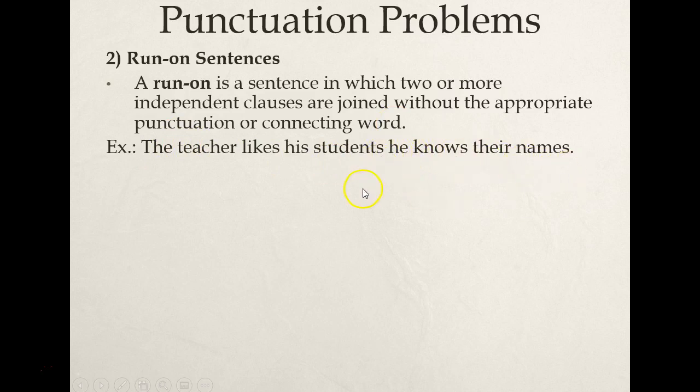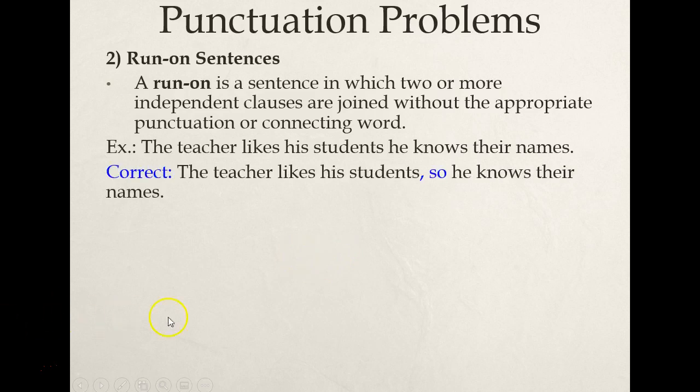So here basically we have two sentences or two independent clauses. The teacher likes his students and he knows their names. Okay, but there's no punctuation here and no connecting word. So we can correct it like this. The teacher likes his students, comma, so he knows their names.